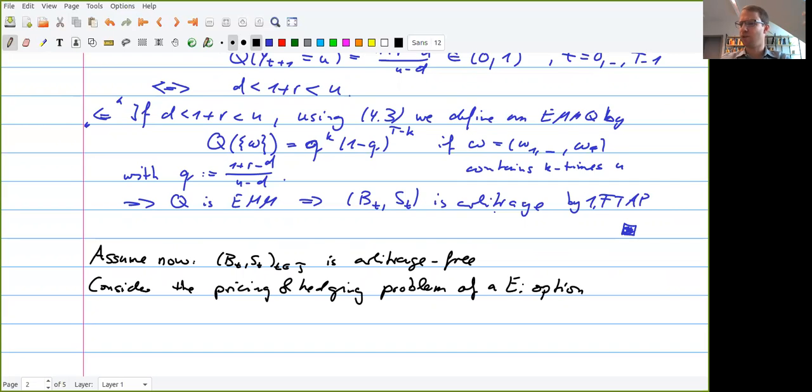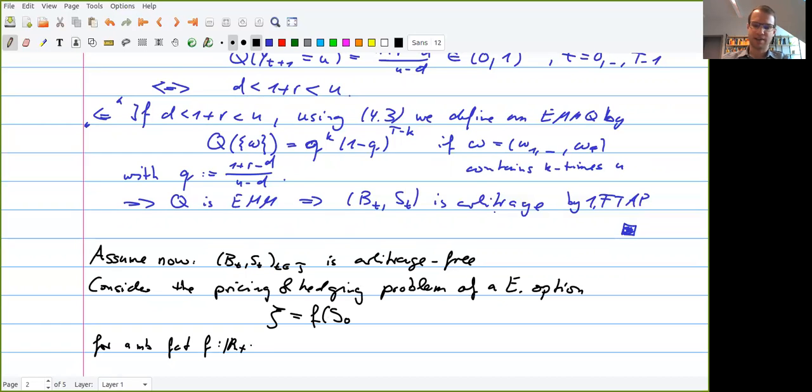So a European option, if you recall from the abstract theory, is just a non-negative random variable which is F_T measurable. And if you think about the simple probability space, what are our F_T measurable random variables? Well, they are just functions. So we take a measurable function f mapping from R plus, right?